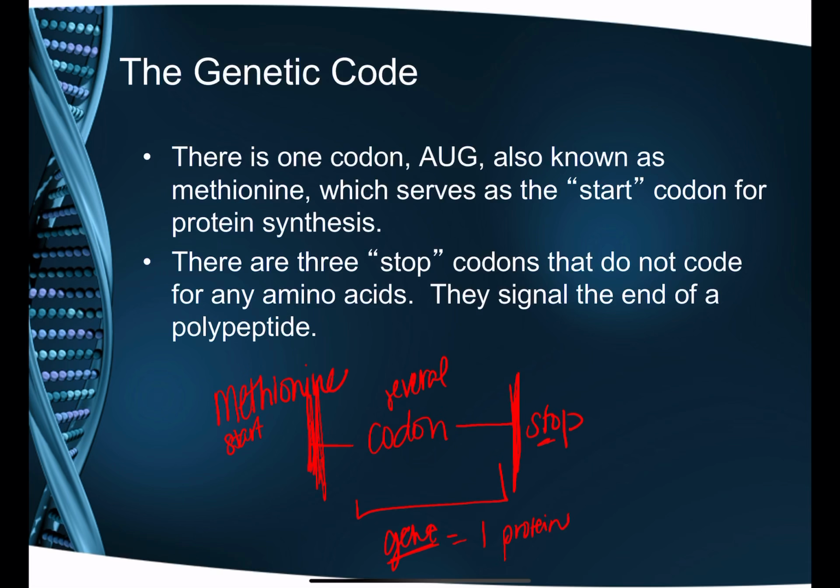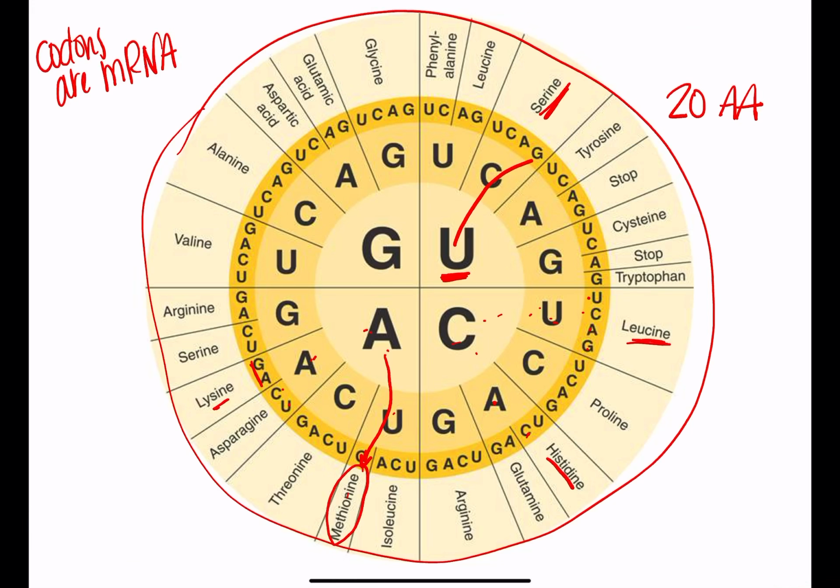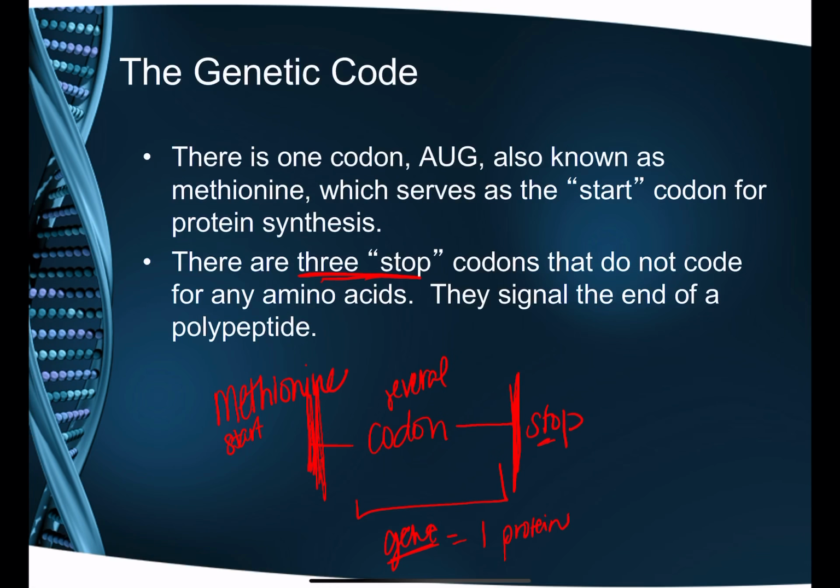Maybe 100 or 1,000 or a couple thousand bases long. Okay? Now, there's 3 stop codons. We see one here, UGA, and then we see the other tier here, UAA and UAG. Those are our stop codons. Okay? So between a start and a stop is where you have a gene.